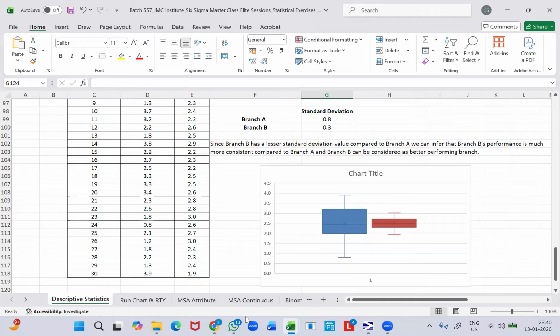There are 3 metrics which we would calculate, and the variation percentage of these 3 metrics would indicate the measurement system variation. The first is repeatability, which is the consistency of the results provided by an auditor for multiple trials and for a particular sample.